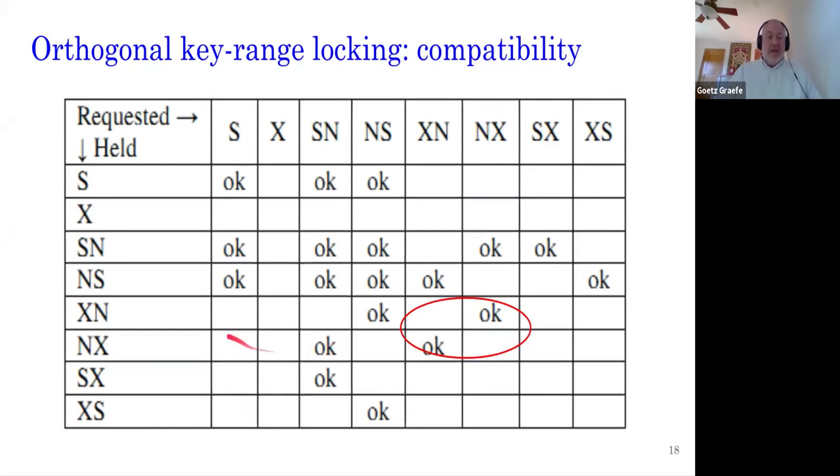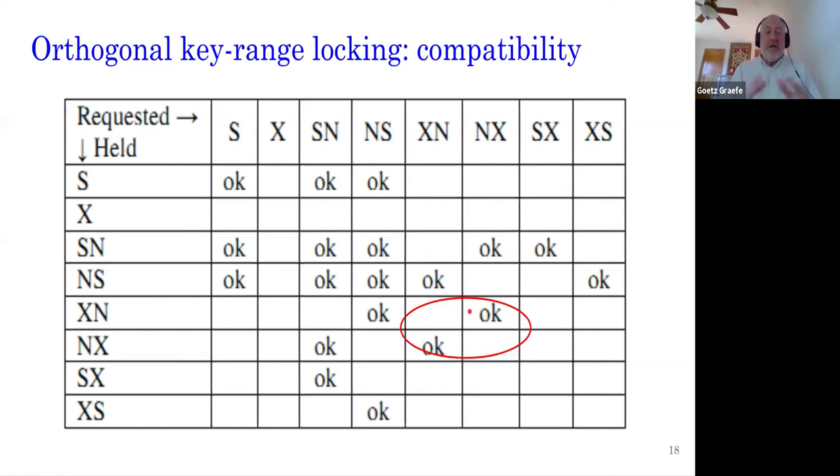One lock holds a key-exclusive gap-free lock, and another transaction wants a key-free gap-exclusive lock. And because this exclusive lock and this no lock are compatible, and this no lock and this exclusive are compatible, that's why these two locks are compatible, and there is an OK in this field.